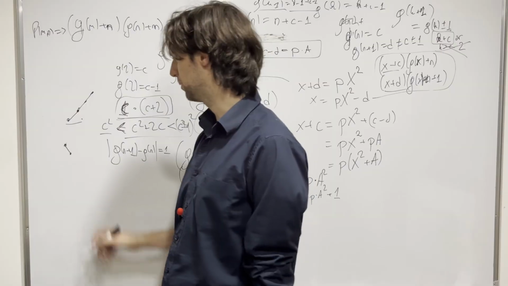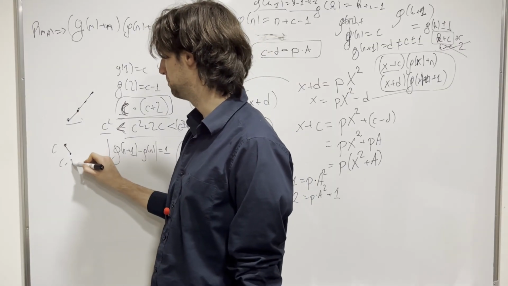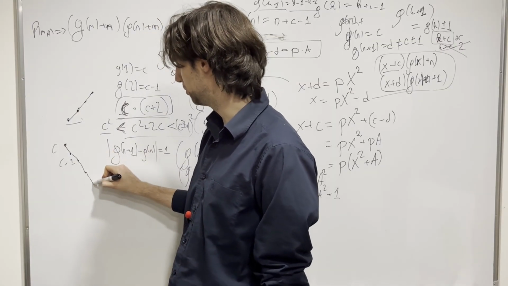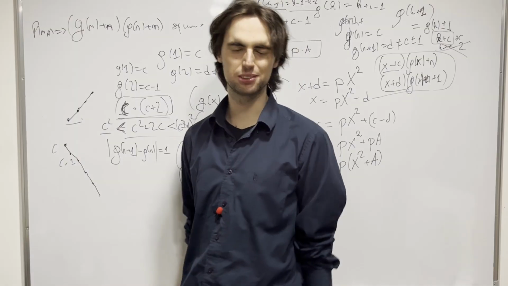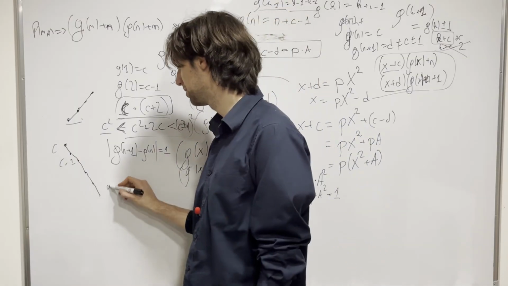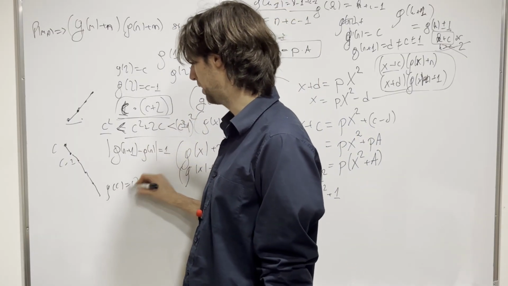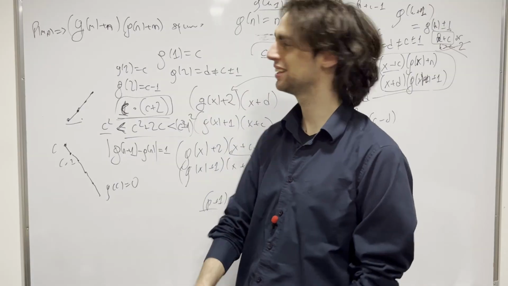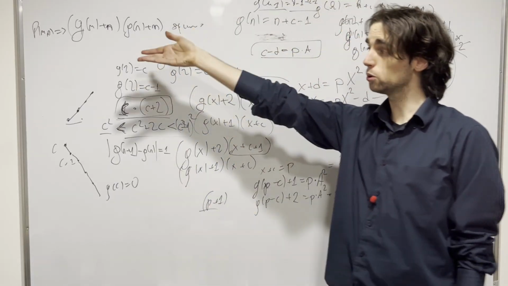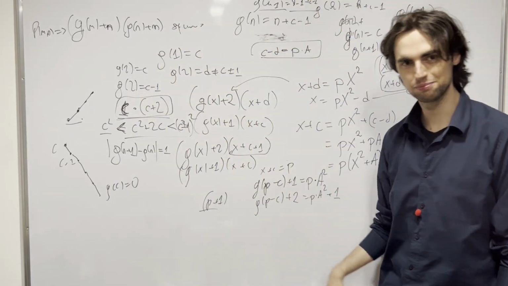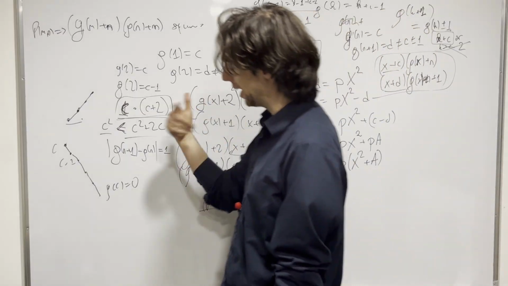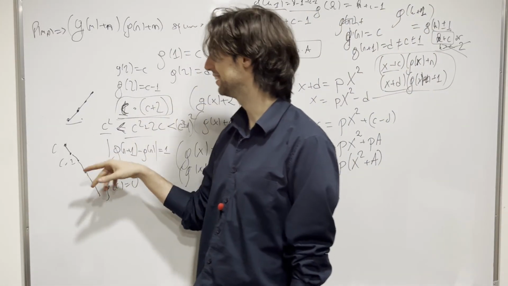But if we can't ever go up, if we start at c and we're at c minus 1, we're going to reach 0 after c steps. Then g of c is going to have to be 0, but that's not in our domain, it's in the codomain, and so it's a contradiction. That's the way I proved this fact.